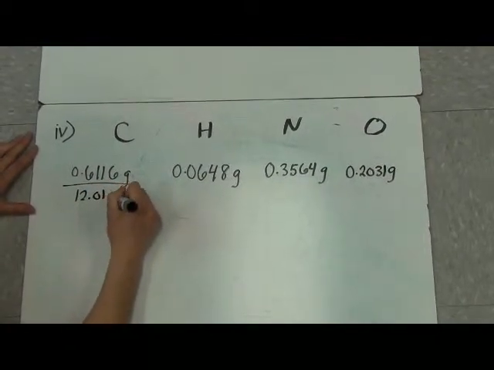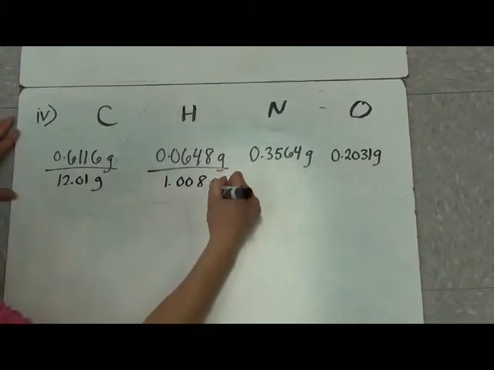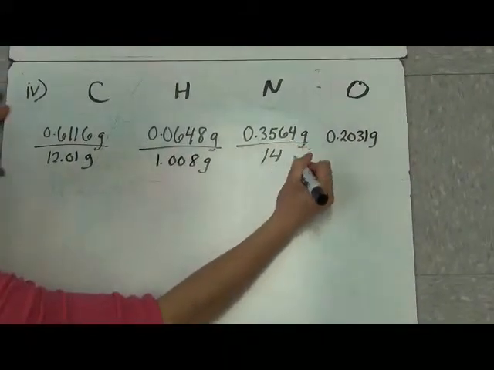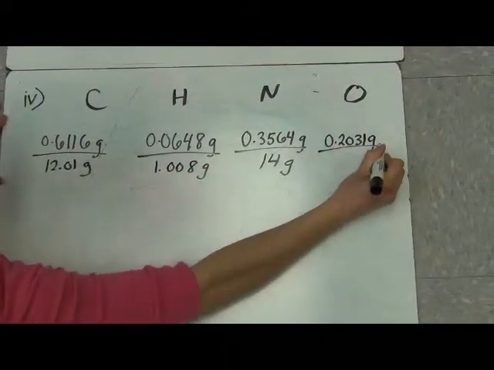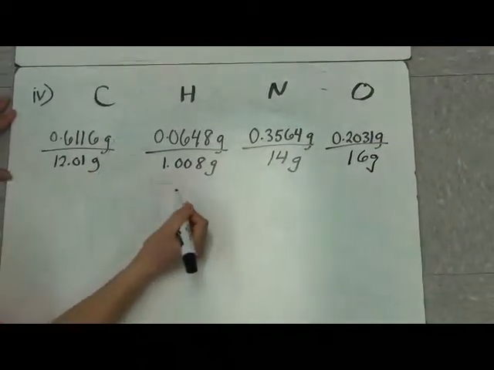12.01 for carbon, 1.008 grams for hydrogen, 14 grams for nitrogen, and 16 grams for oxygen.